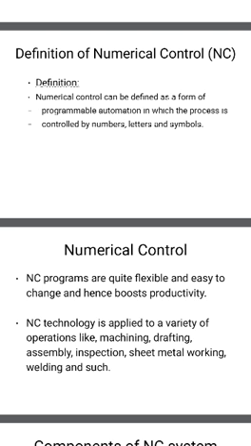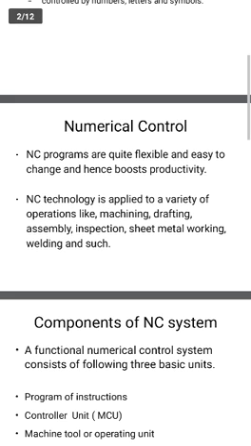NC technology is applied to a variety of operations like machining, drafting, assembling, inspection, sheet metal work, welding, and such. So after doing this program writing, we can go for inspection in sheet metal. Also, we can do welding, all those in numerical control machine. So that is about numerical control machine.